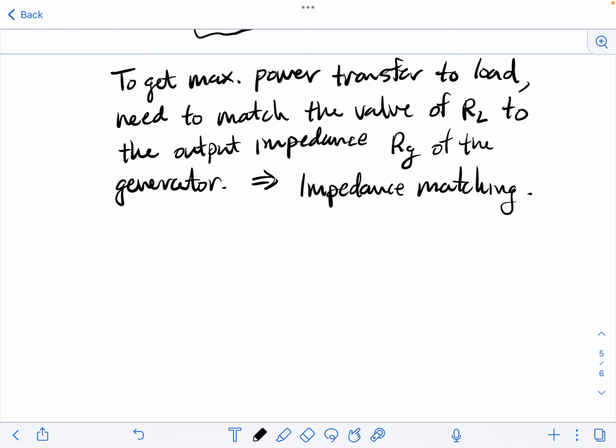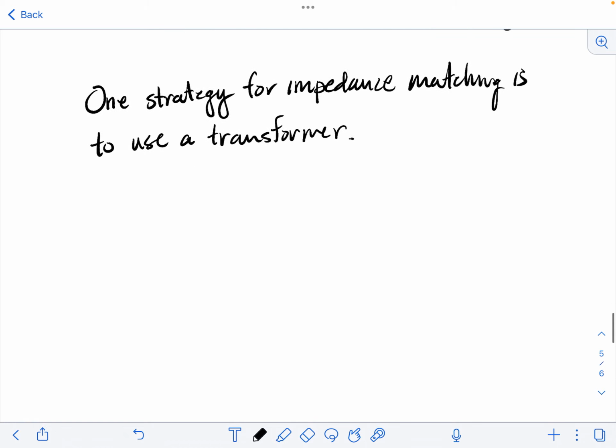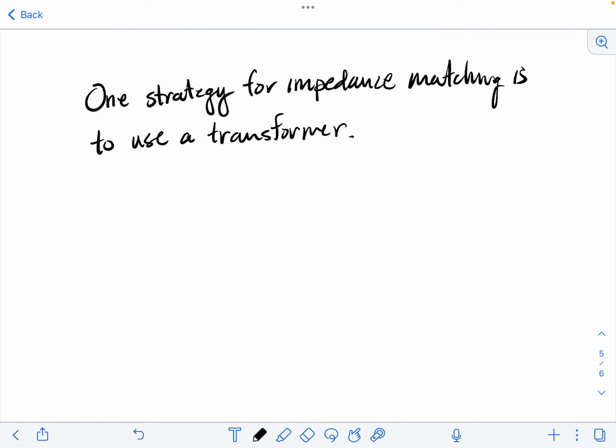So one strategy for impedance matching is to use a transformer. Okay, so transformers are just two coils, a primary and a secondary, and they have a different number of turns.